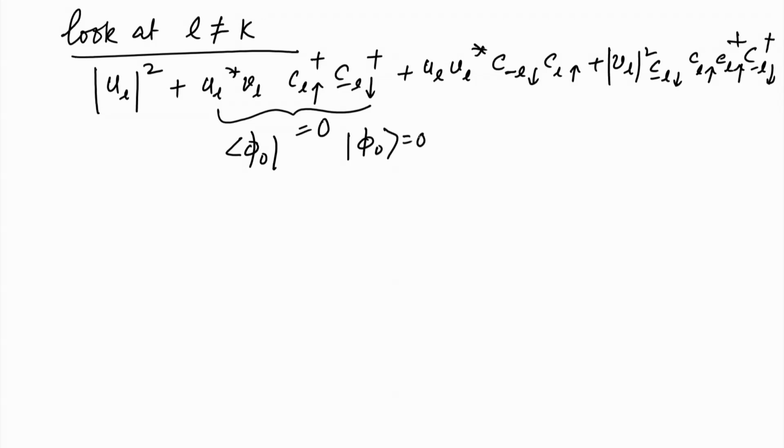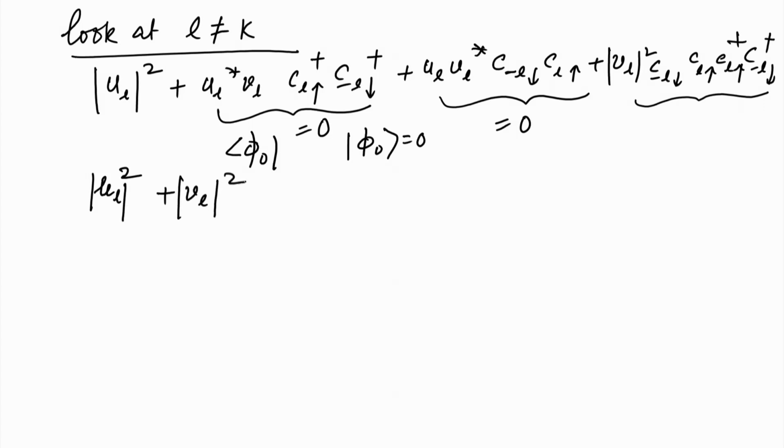This is what I mean. And similarly, this term will also yield 0 when taken between the filled Fermi sea. This simply adds a normalization, in that it creates a pair and then annihilates a pair.